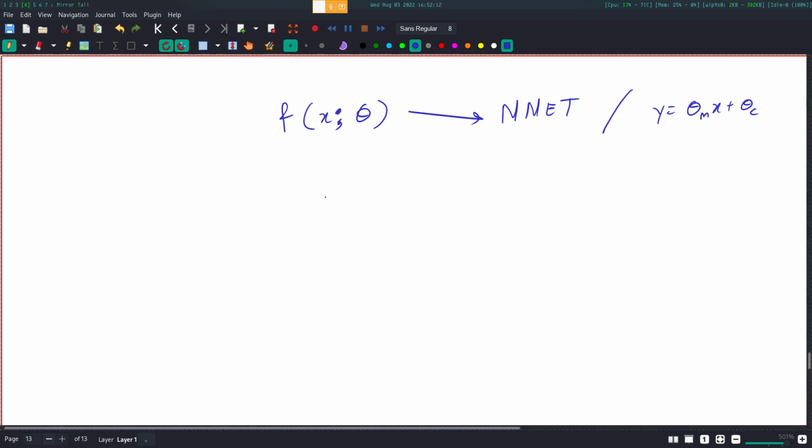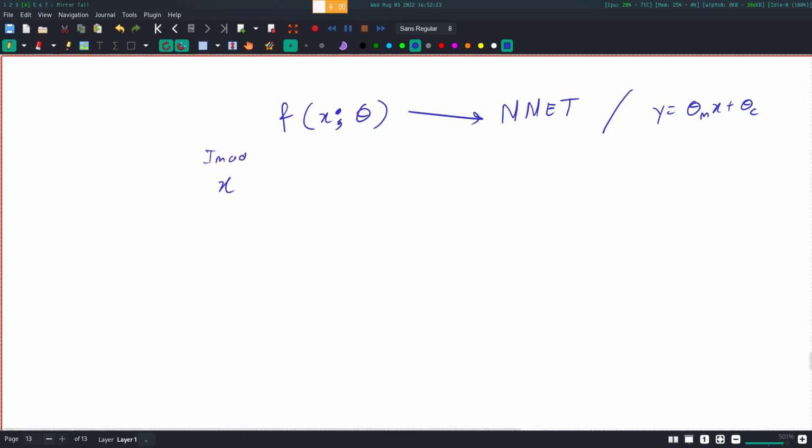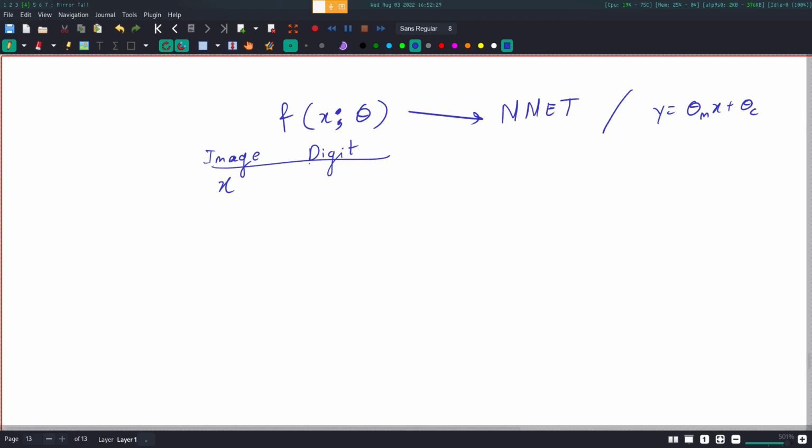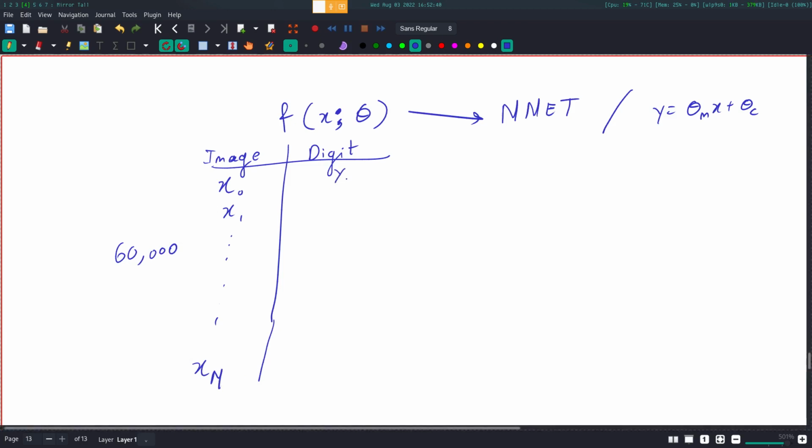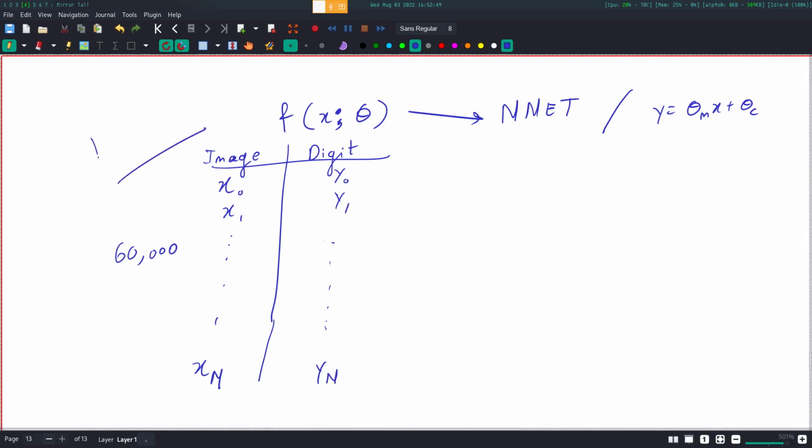Now, what we have is a huge table of input and output values. This is basically our image and digit, so this corresponds to some input. We have maybe some 60,000 rows here, a huge number of rows. And similarly, we have some digits, some labels corresponding to each one. This is what we call our data, or our examples.